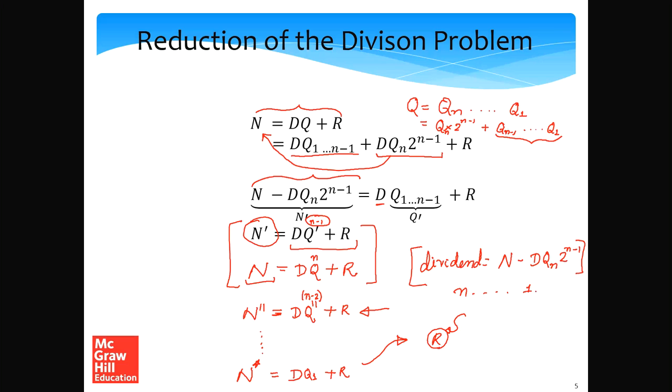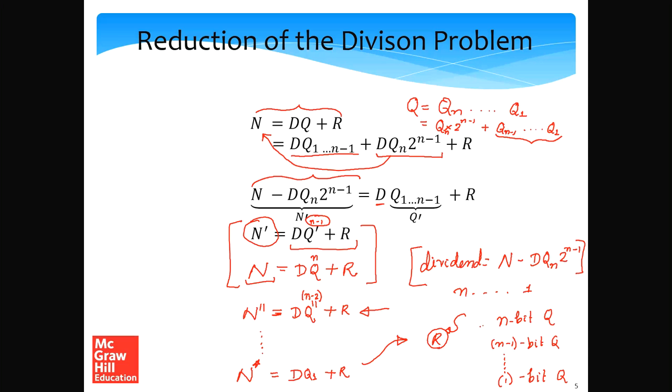bit. All right. So what we are doing is that we are gradually reducing the division problem from a problem of computing an n-bit quotient to a problem of computing an n minus 1 bit quotient to a problem of computing a 1-bit quotient, right?